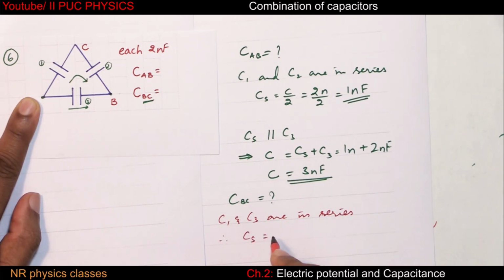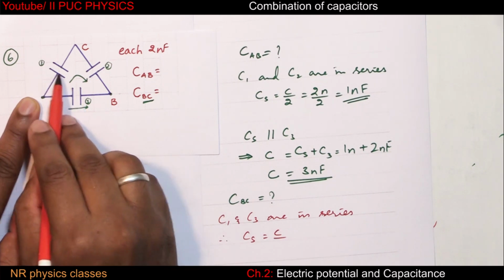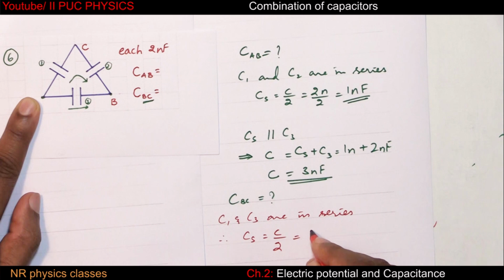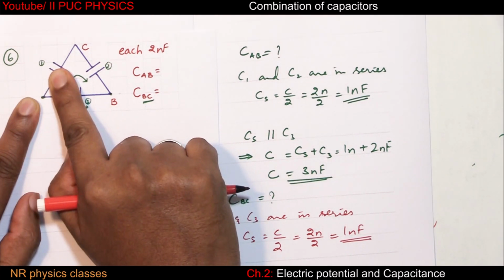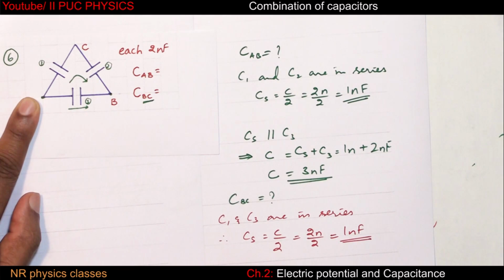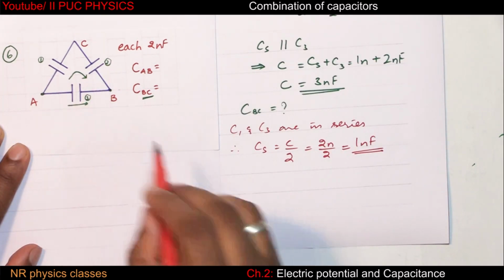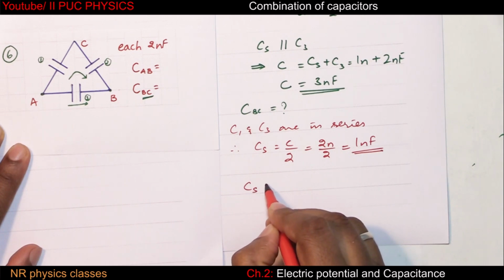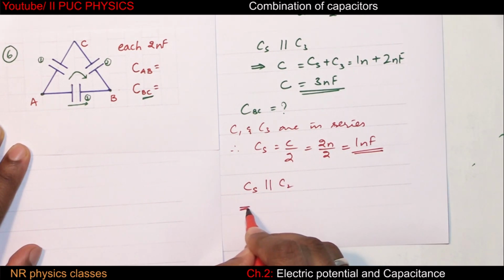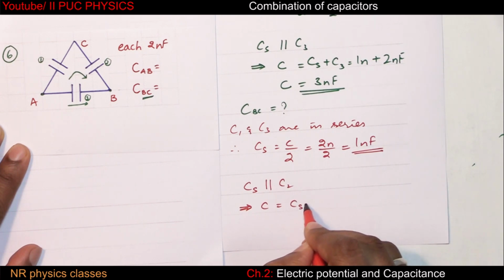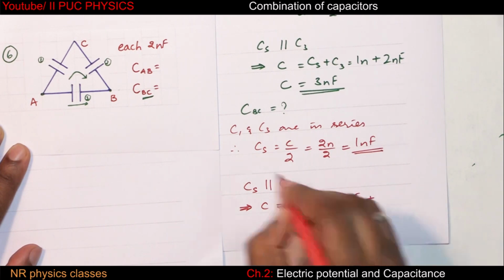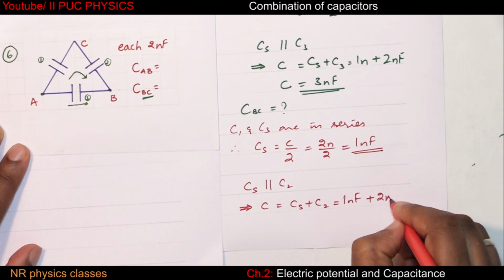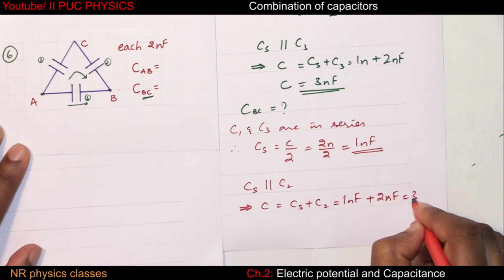Therefore, CS equal to C by 2, each equal to 2 nano by 2 equal to 1 nanofarad. This is CS, that CS is in parallel to C2. Therefore C equal to CS plus C2. CS is 1 nano, C2 is 2 nano, equal to 3 nanofarad.